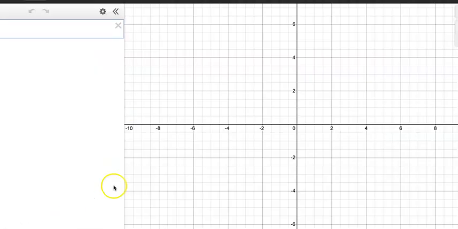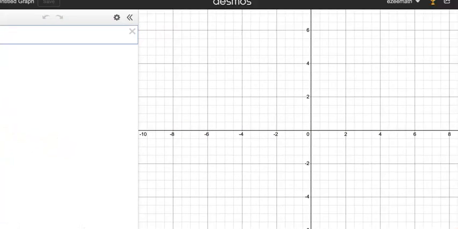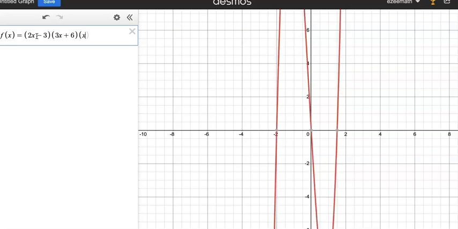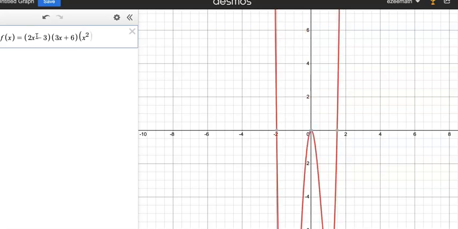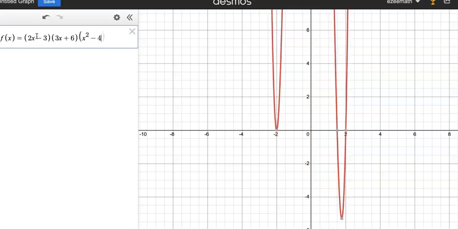In my Desmos, I have here f of x is equal to, let me type in f of x is equal to 2x minus 3 in parenthesis times 3x plus 6 close and x square minus 4, right?